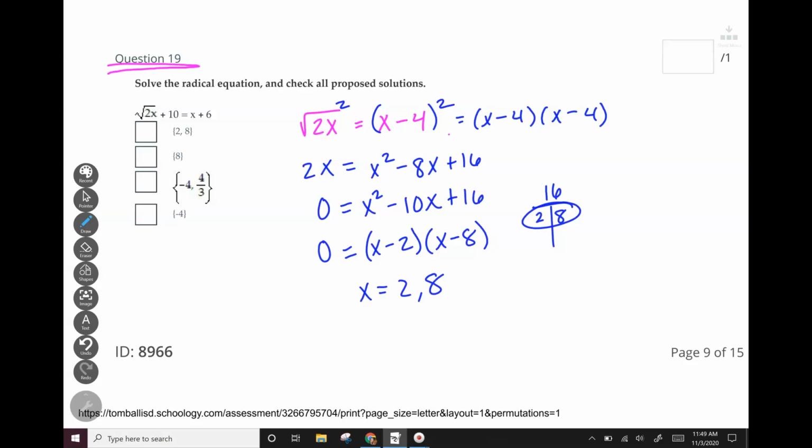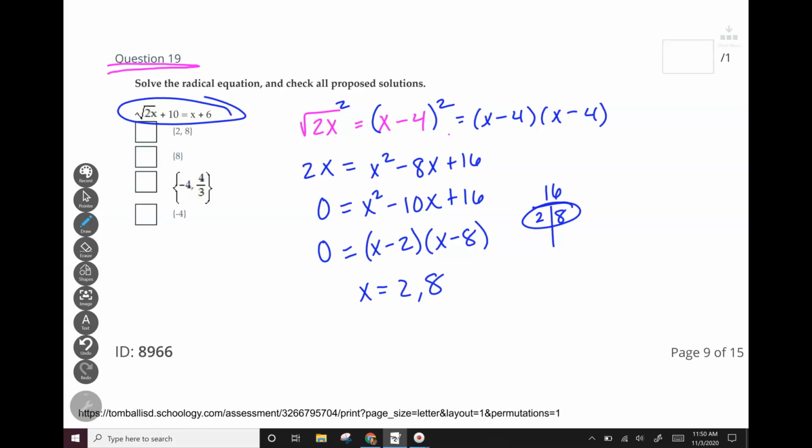But don't forget, on this type of problem, you need to check both of your solutions. So now that I have 2 and 8, I can either use the calculator. You can check by just plugging them back into the original equation, or you can plug it into y equals, look at the table, and see if both sides are equal.